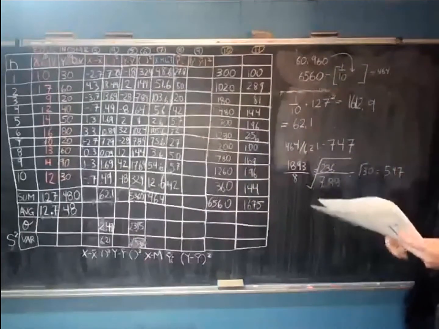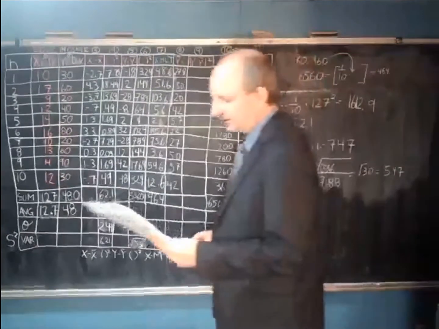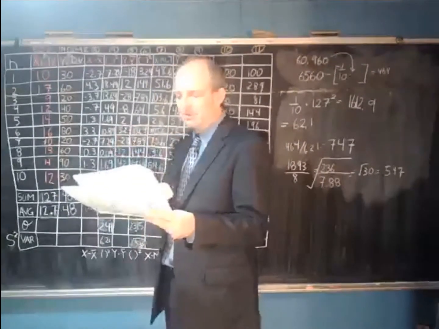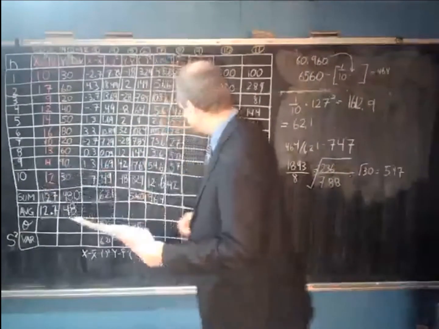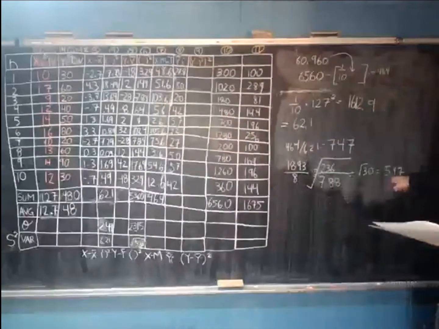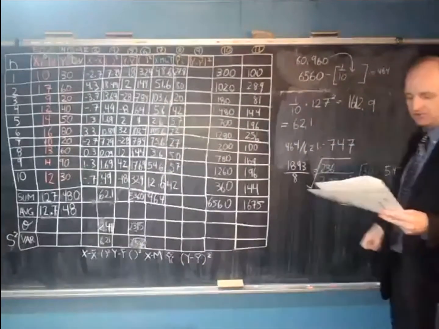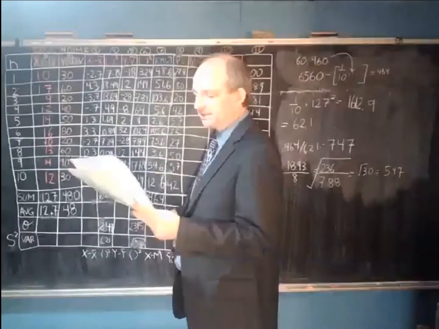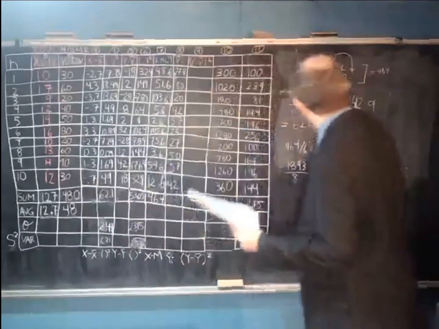Okay. So now we want to calculate the t-statistic. The t-statistic is the sample estimate divided by the standard error. This is the standard error, so we're going to divide it into the sample estimate. Sample estimate is serial 32, which is the slope.